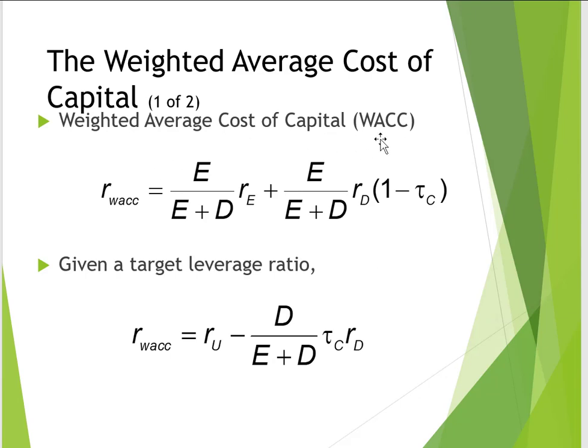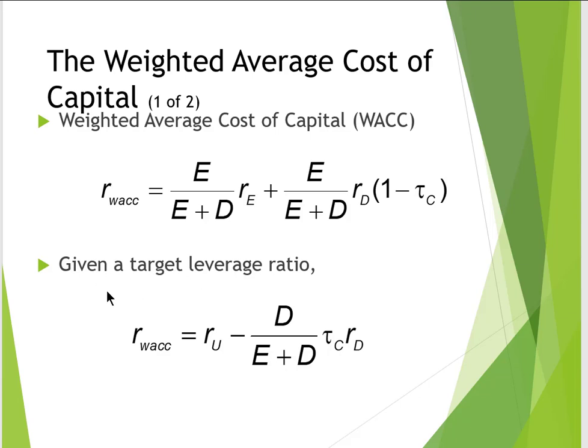So for the weighted average cost of capital, WACC, all we do is multiply the second part of this formula times 1 minus the corporate tax rate to reflect the reduction, if you will, in the total cost. Because the government, through the tax code, essentially subsidizes some of the costs of debt.